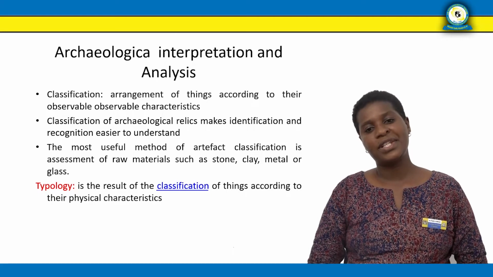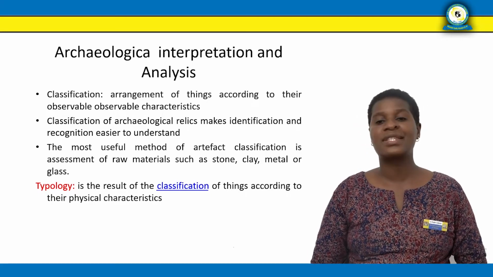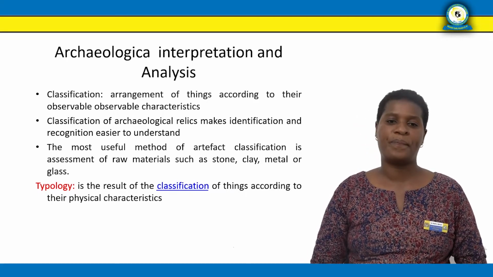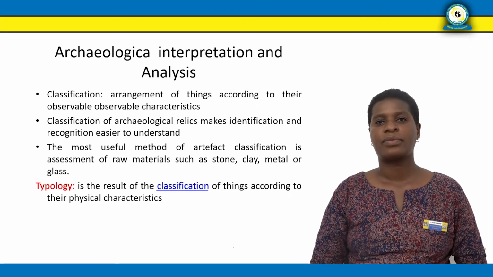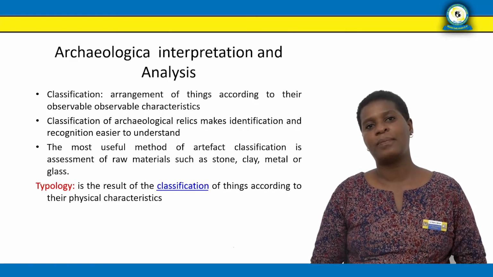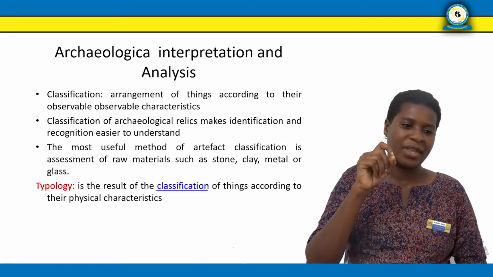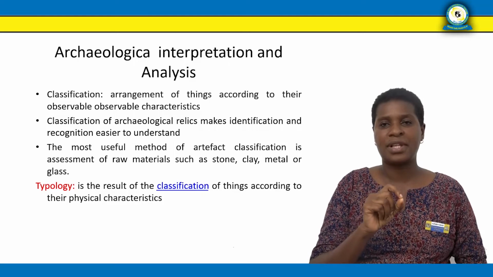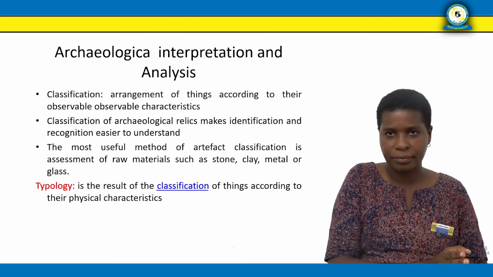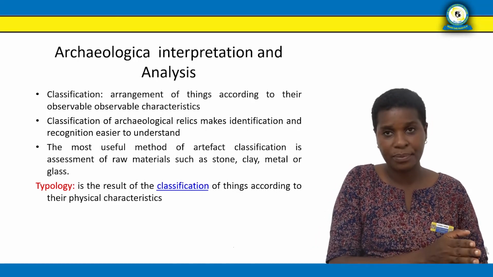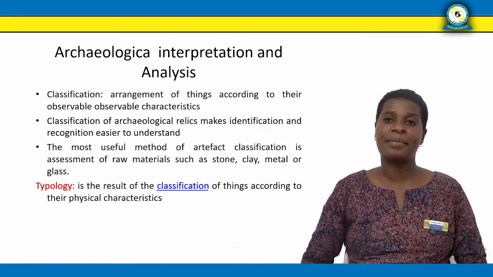So classification means the arrangement of things according to their observable characteristics. The first observable characteristic is looking at the nature of the materials themselves, that these are of the same nature. These are bones, these are lithics, and these are metals.